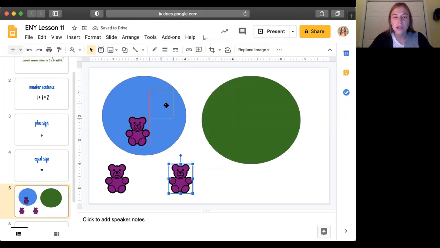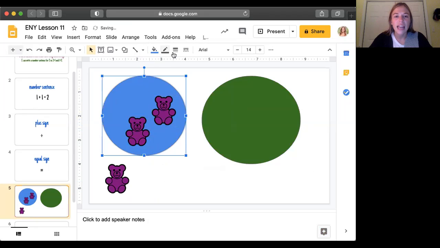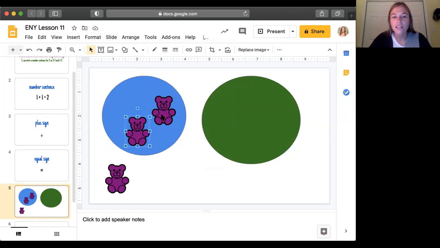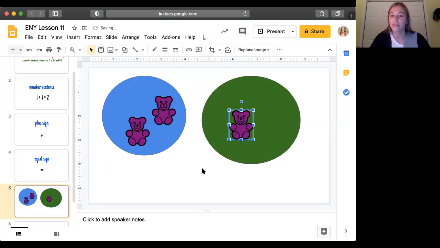So they're going in the blue, they're in the water. And I have 1, 2. Then 1 bear wanted to play in the forest. So I'm going to move that bear over to the forest, over here.